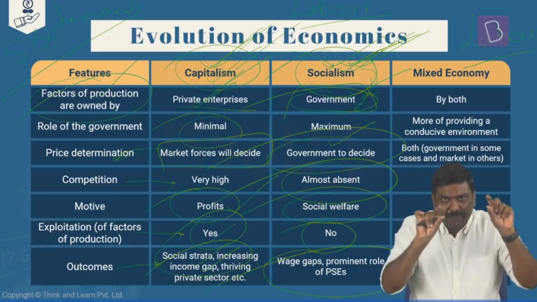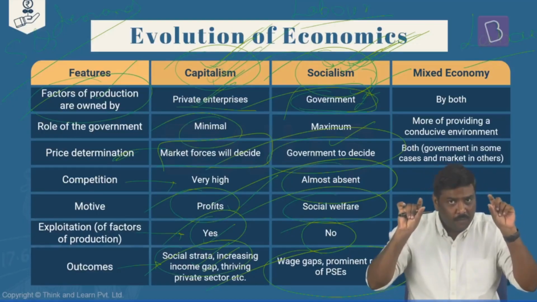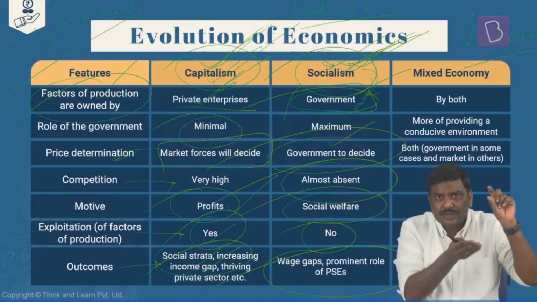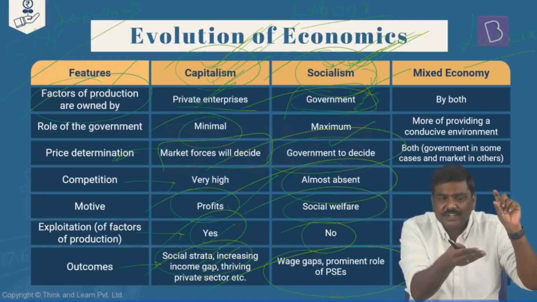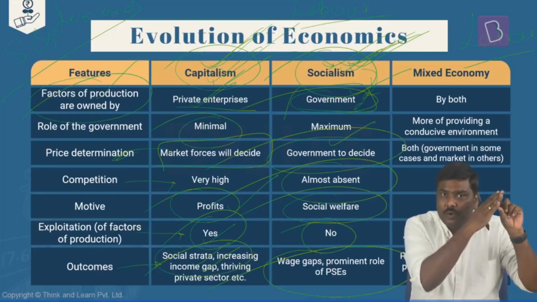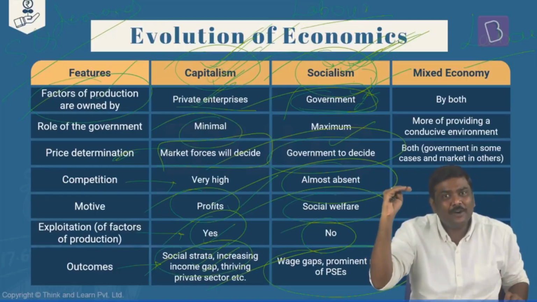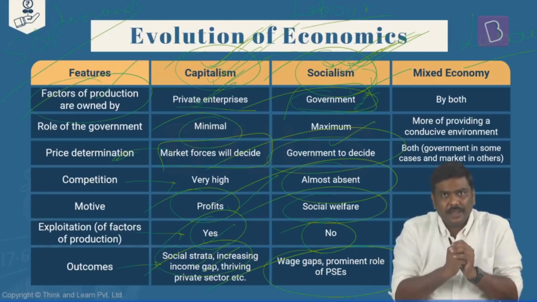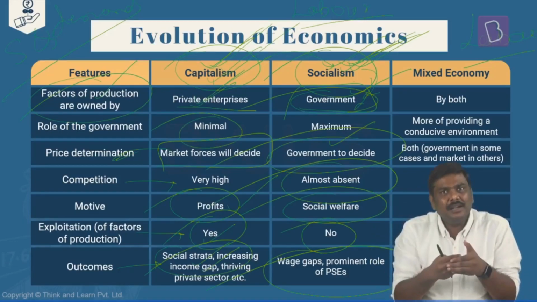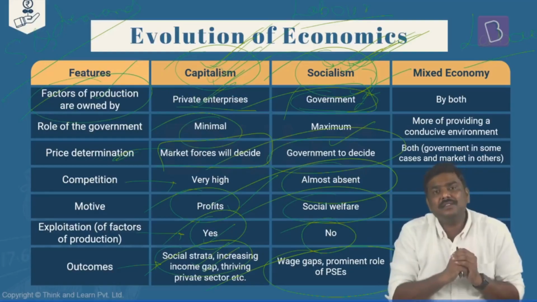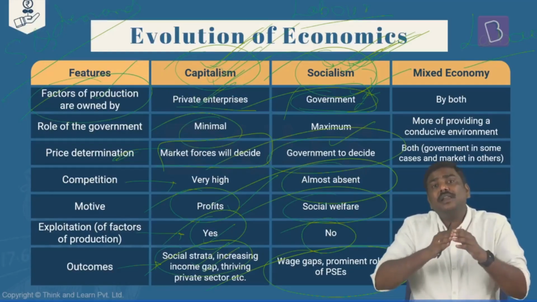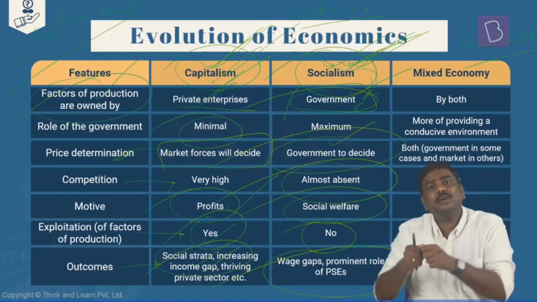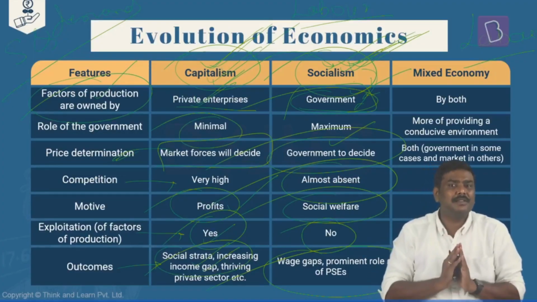So one very important difference between socialism and capitalism is, in case of capitalism, when the factors of production are used and profits are generated, profits will go to the owner. Here the owner is the government, and government is the collective representation of the people. Is it okay? Government is essentially nothing but the representation of the people itself. So the profits which will go to the owners will go to the government, because government owns the public sector enterprises.